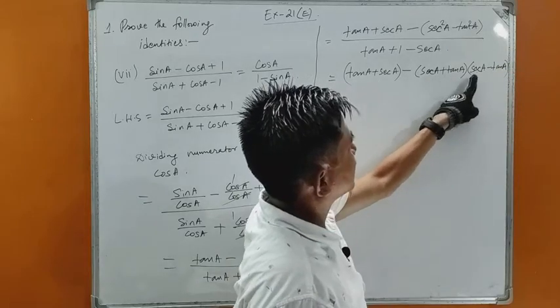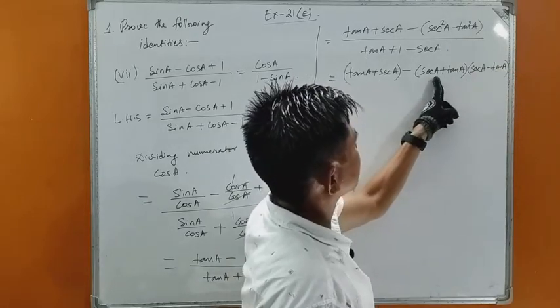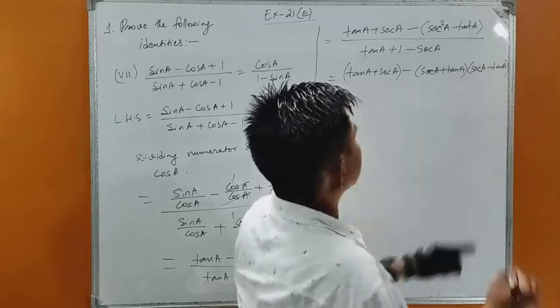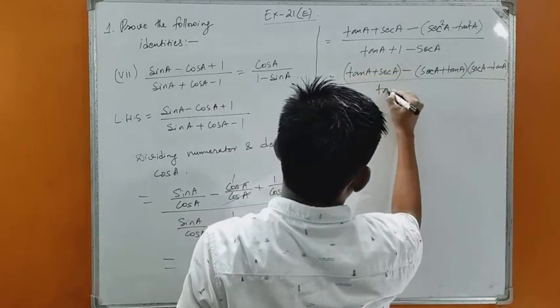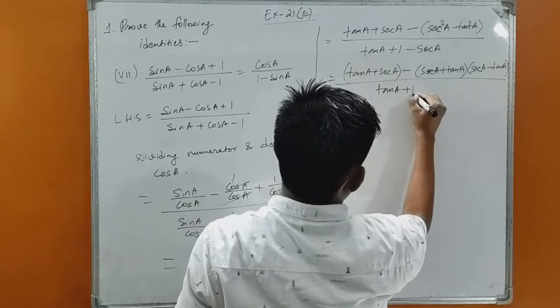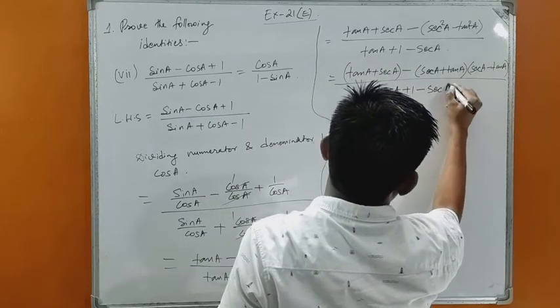Sec A plus tan A into sec A minus tan A, and in the denominator we have tan A plus 1 minus sec A.